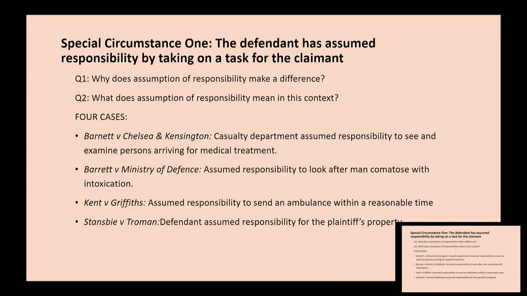I'll just repeat that. Assumption of responsibility here means A takes on a task for B in circumstances in which it is plausible to imply an undertaking to exercise due care in the performance of that task.